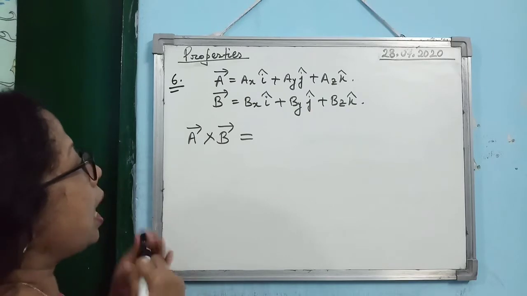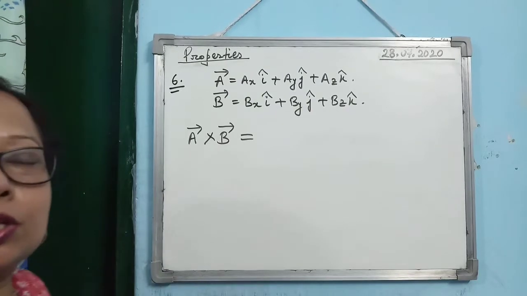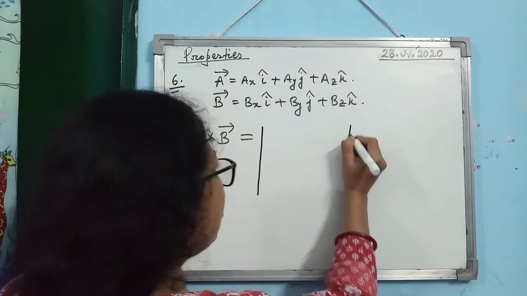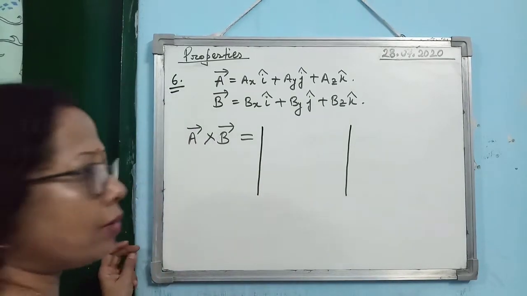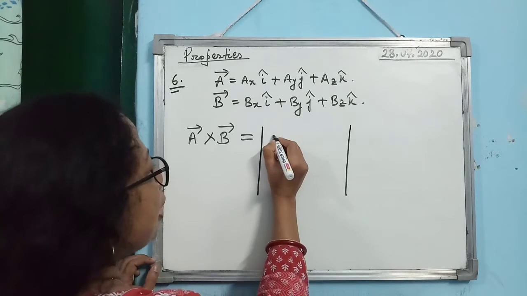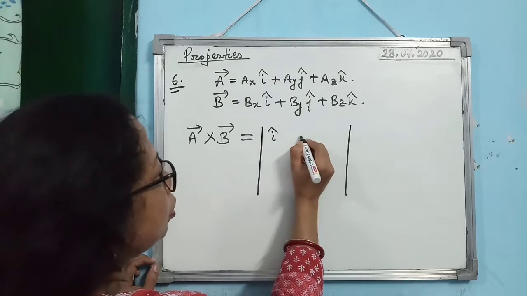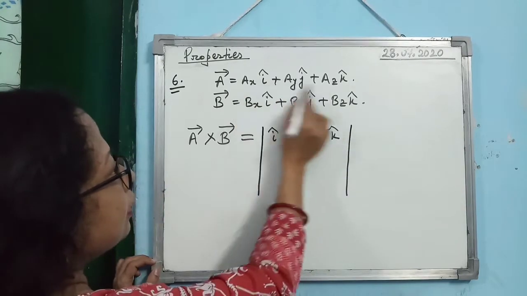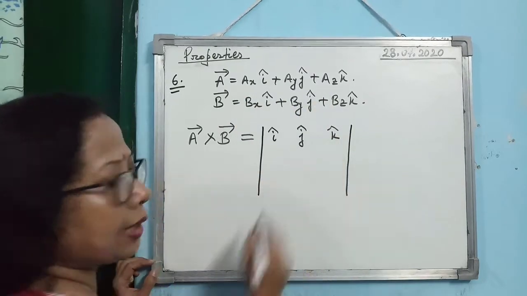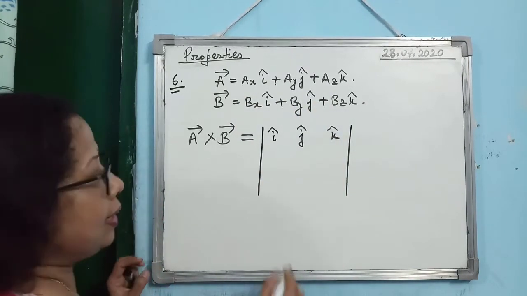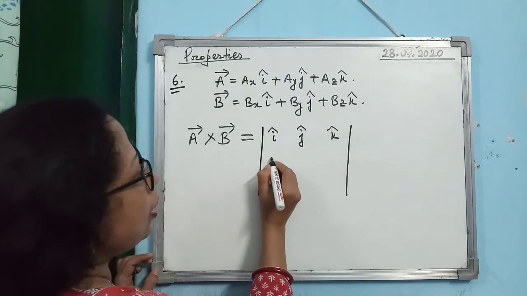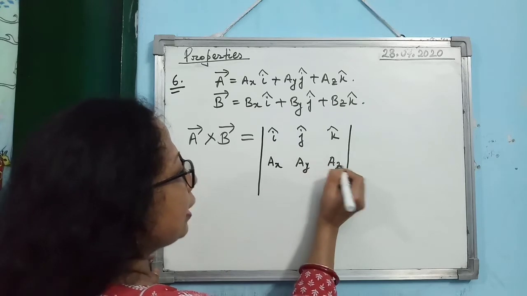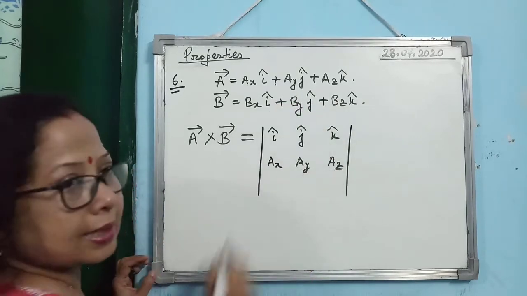In that case, how to find the cross product of two vectors? You will form one determinant like this. You have done it in maths. In the first row, you write the three unit vectors i, j, k. Then in the second row, write down the components of the first vector, AX, AY, AZ.